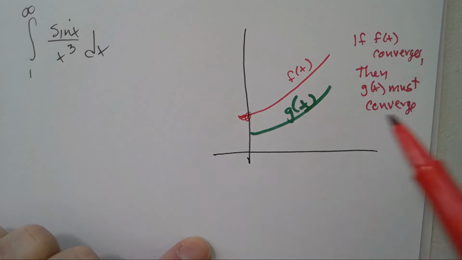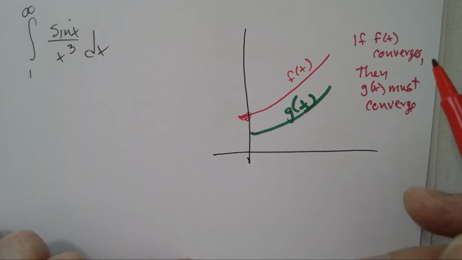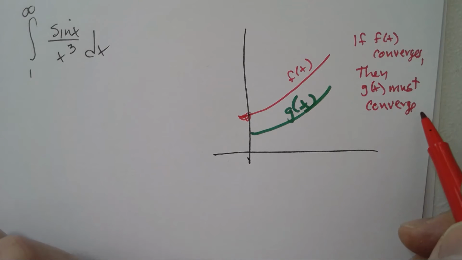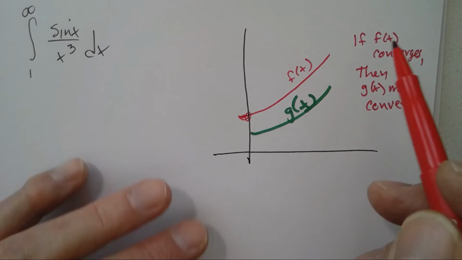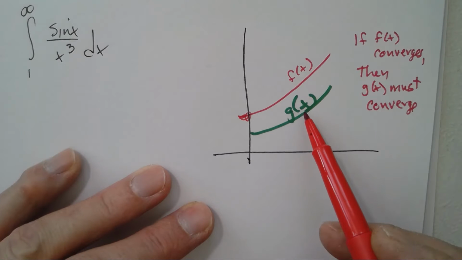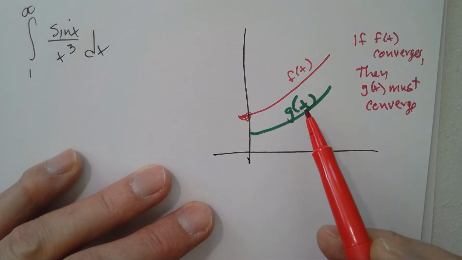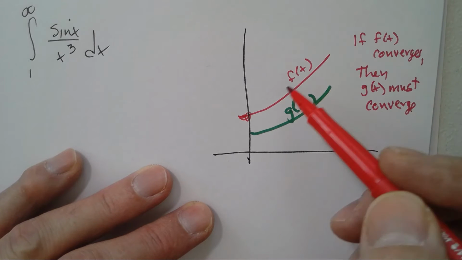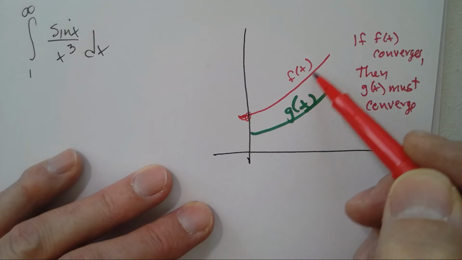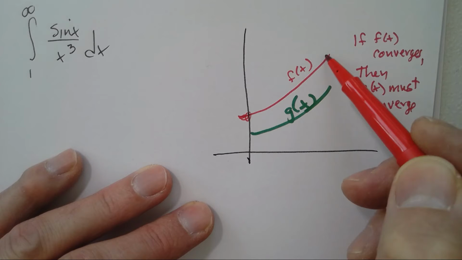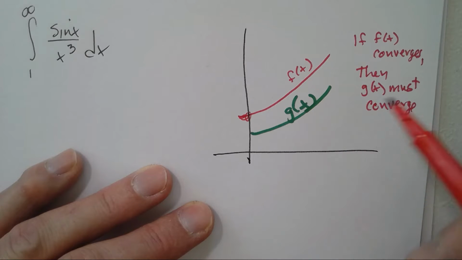So that's one statement you can make with the direct comparison test. If you're trying to figure out if g of x converges, and you can find a function that is bigger than that, and you know that one converges, then you can say that this one converges.